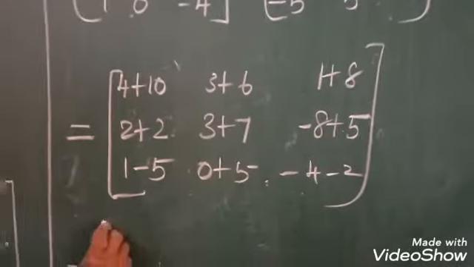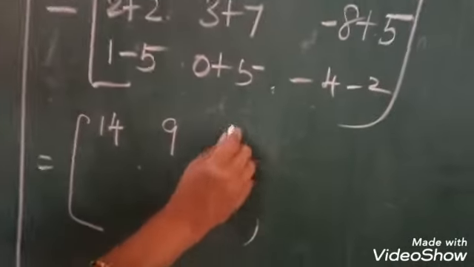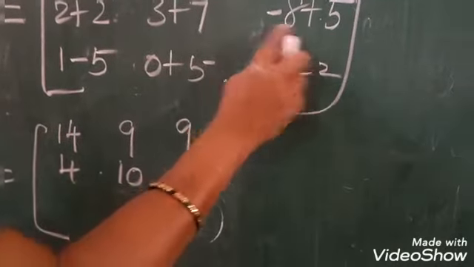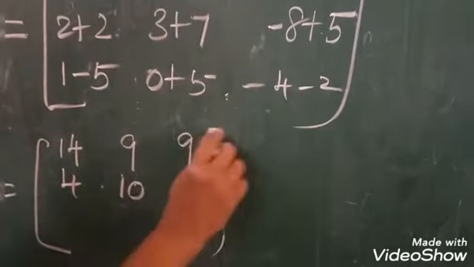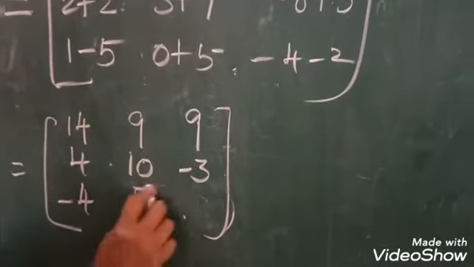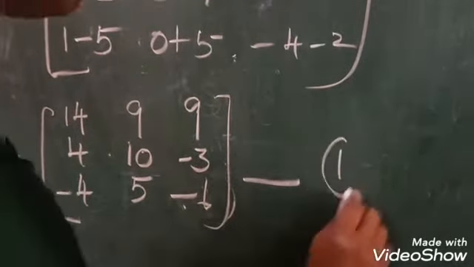Okay girls, now you have to simplify. You will get the left hand side answer. So 14, 9, here also 9, 2 plus 2 is 4, here 10, here minus 8 plus 5, so minus 3. Here 1 minus 5, minus 4, 0 plus 5, then minus 4, minus 2, so minus 6. This is the answer of LHS.